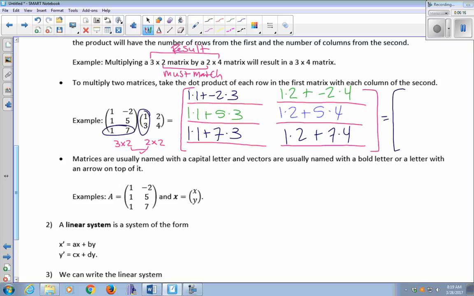And then I just simplify all this. So that's going to be negative 5. Negative 8 plus 2 is negative 6. 1 plus 15 is 16. 2 plus 20. And 1 plus 21. And 2 plus 28 is 30.